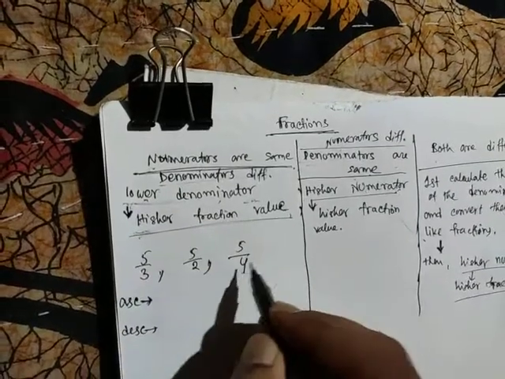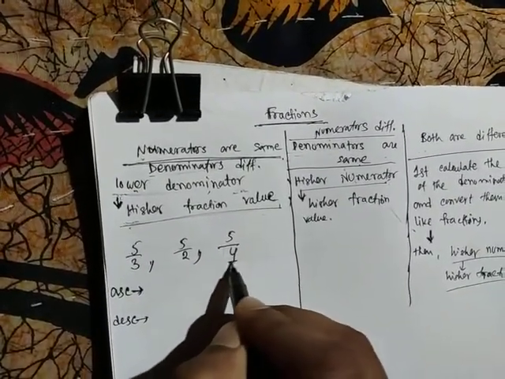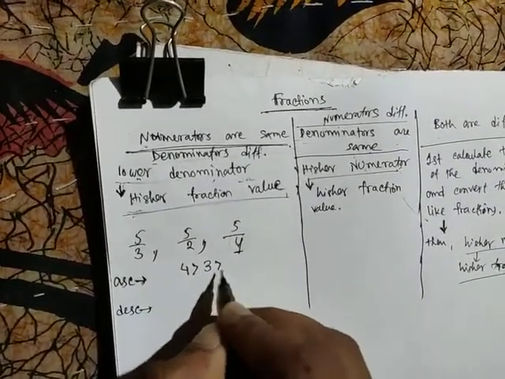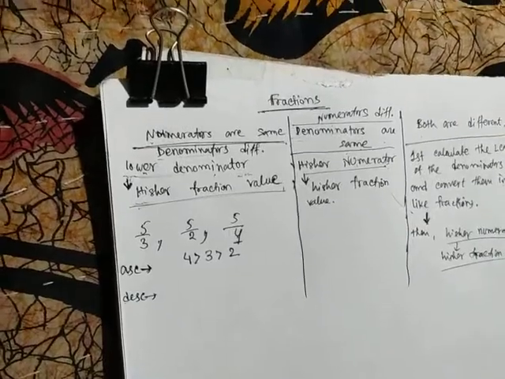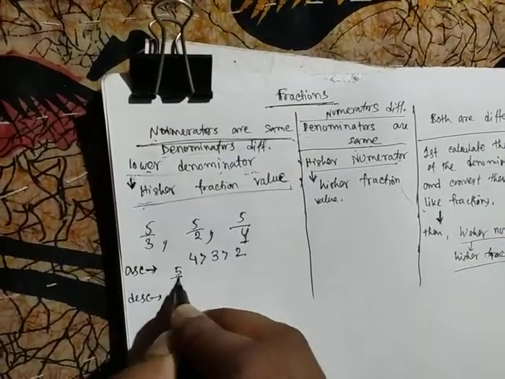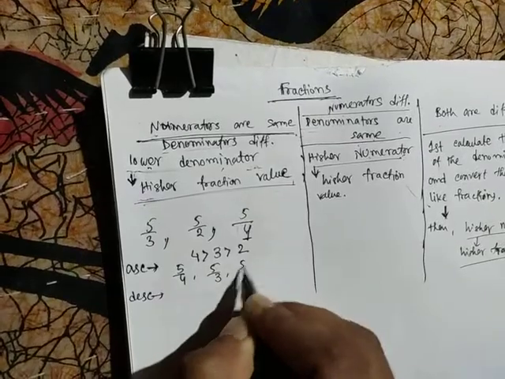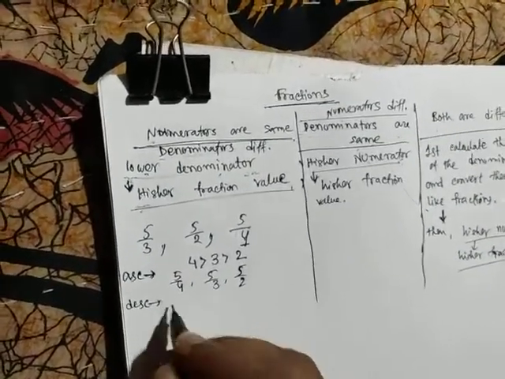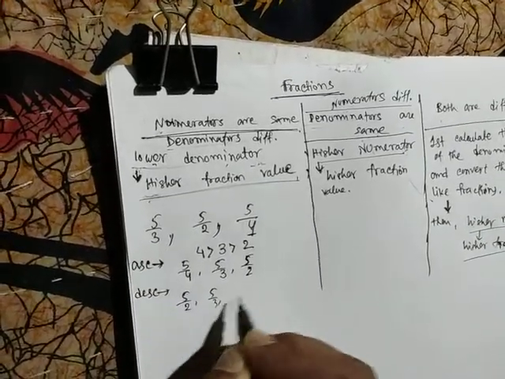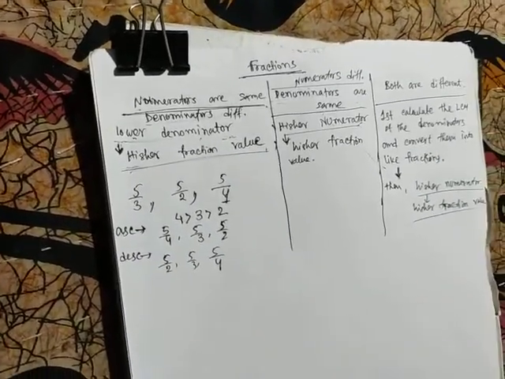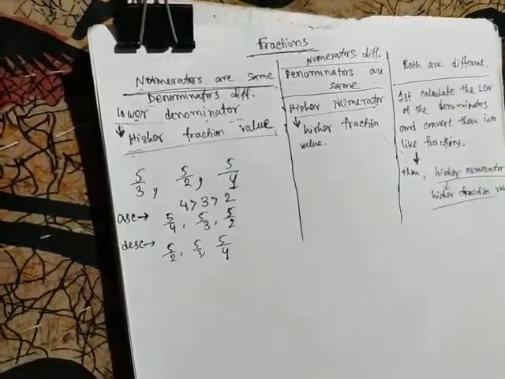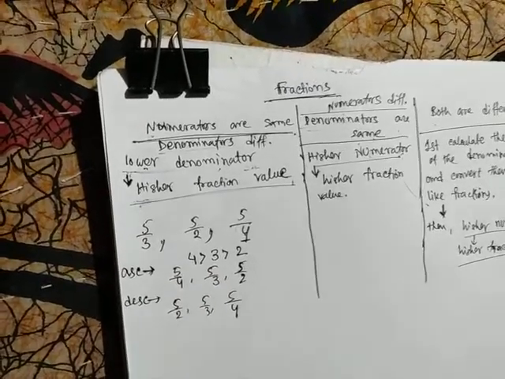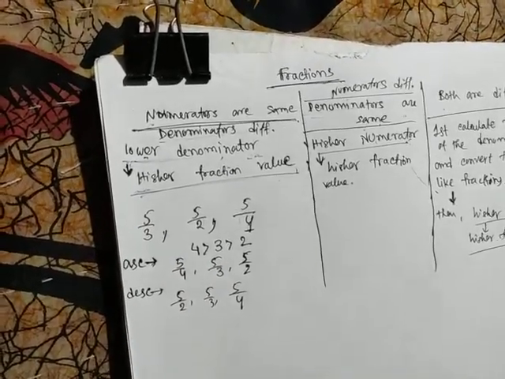What is the higher denominator here? 4, because 4 is greater than 3, which is greater than 2. So in ascending order: 5 upon 4, 5 upon 3, 5 upon 2. In descending order: 5 upon 2, 5 upon 3, 5 upon 4. Descending order means higher value to lower value.